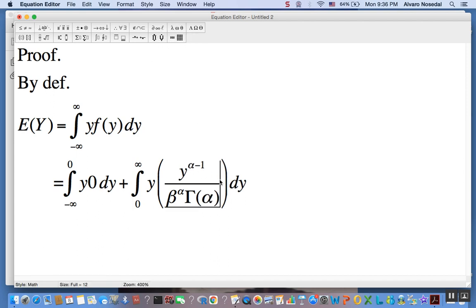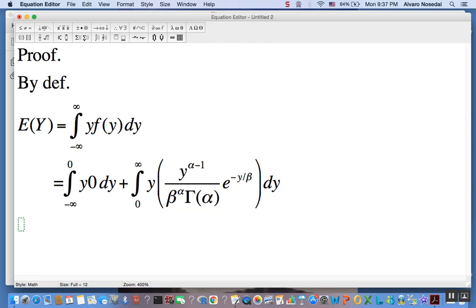That's just one part. The other part is the one with the exponential, e to the negative y divided by beta. Agreed? Okay.